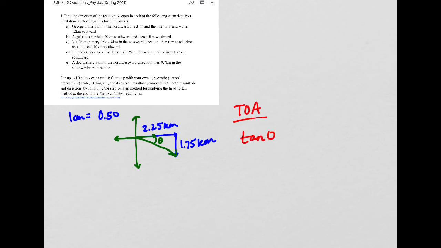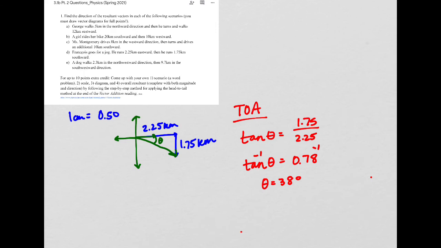Tangent of theta is equal to the opposite, which is 1.75, divided by the adjacent, which is 2.25, which gives me 0.78. If I take the inverse tangent of both sides, I get that theta equals 38 degrees.